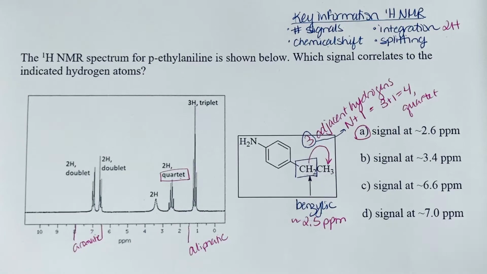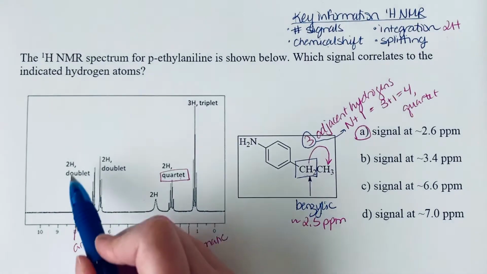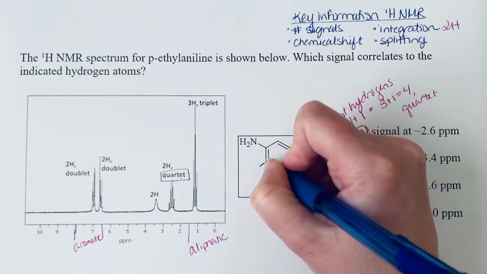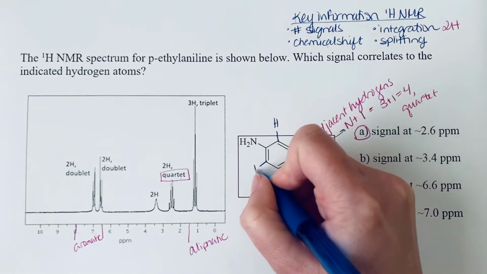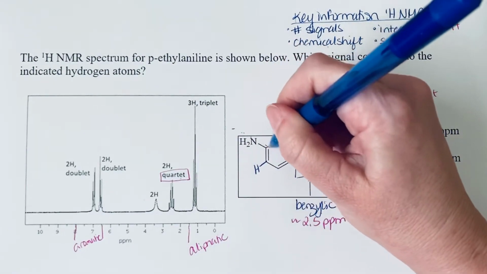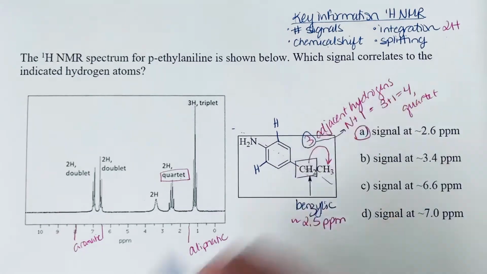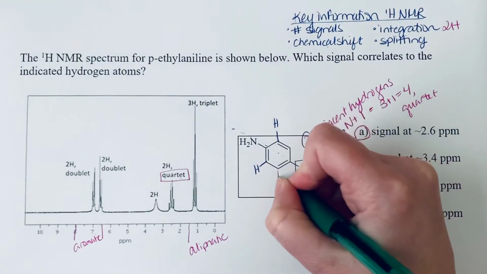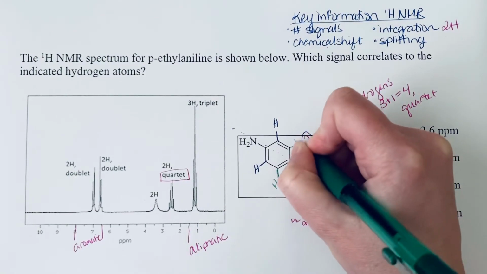But while we have this, let's see if we can assign most of the hydrogens here. We've got 2 sets of equivalent hydrogens in the aromatic region, and that's because we have a plane of symmetry that runs right down that ring. So these 2 hydrogens would be the same as each other, and the other 2 aromatic ring hydrogens would also be the same as each other.